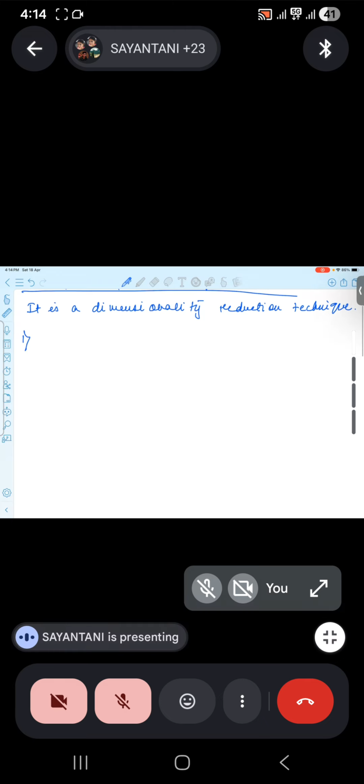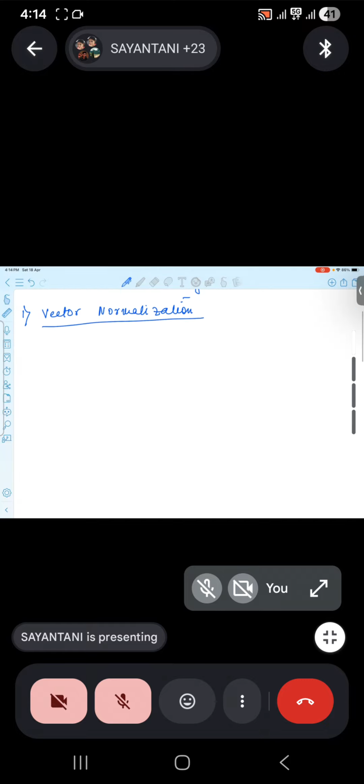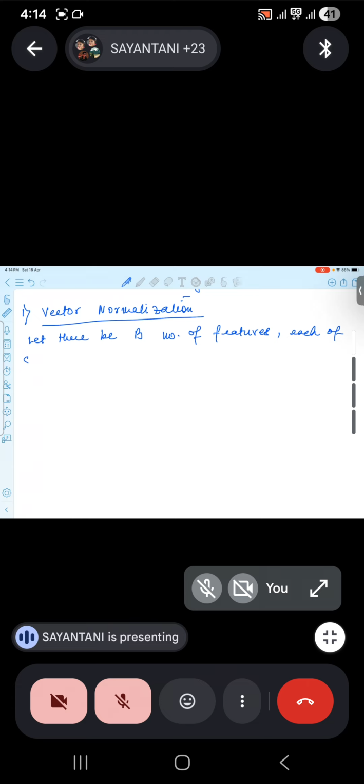So step number 1, vector normalization. Suppose you have, so let there be B number of features, each of size 1 cross n.